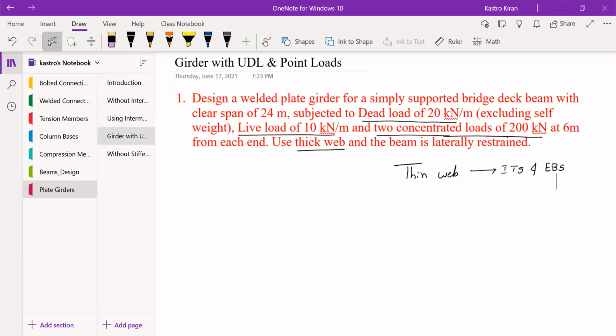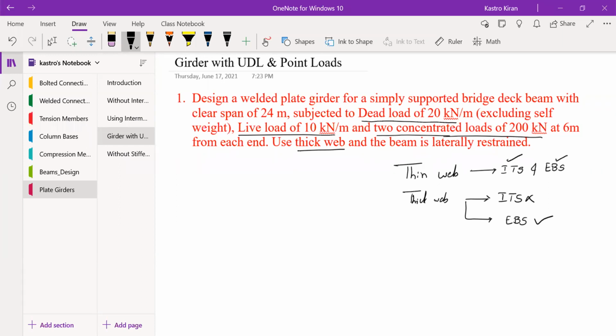When you are using a thick web, you don't need to use intermediate transverse stiffeners. What you can use is only the end bearing stiffeners. So in a thin web, you have to use both intermediate transverse stiffeners as well as end bearing stiffeners, whereas in a thick web, you have to use only the end bearing stiffeners and you should not use intermediate transverse stiffeners, right?